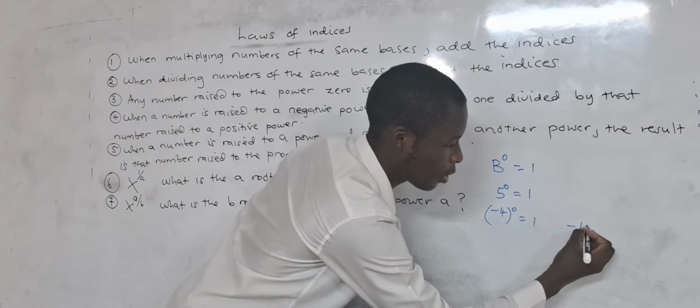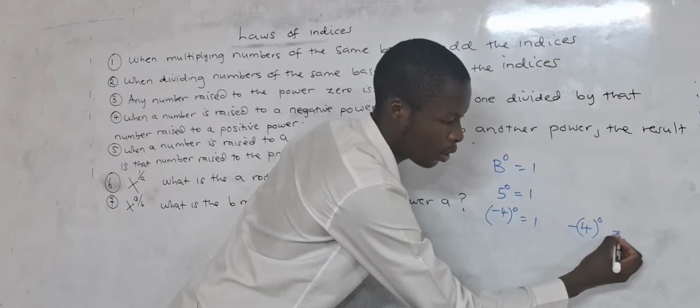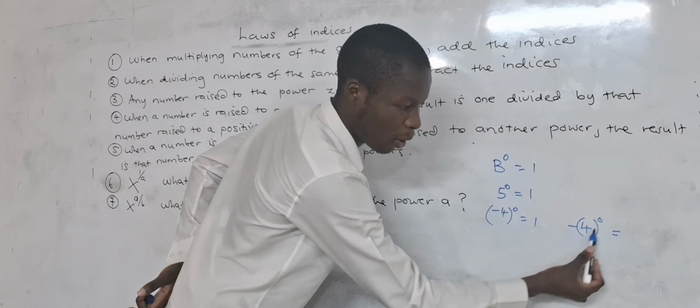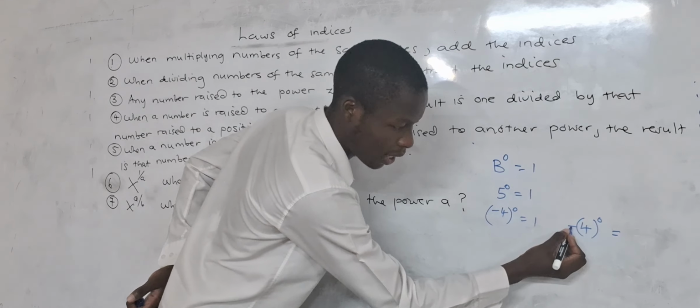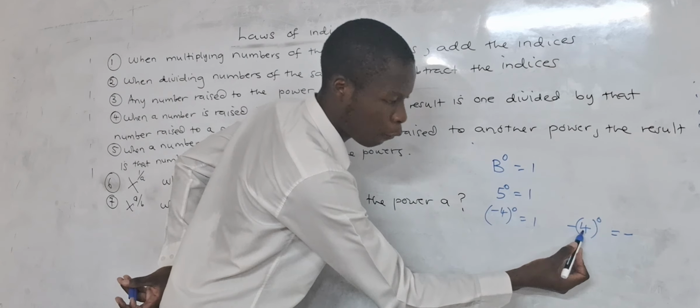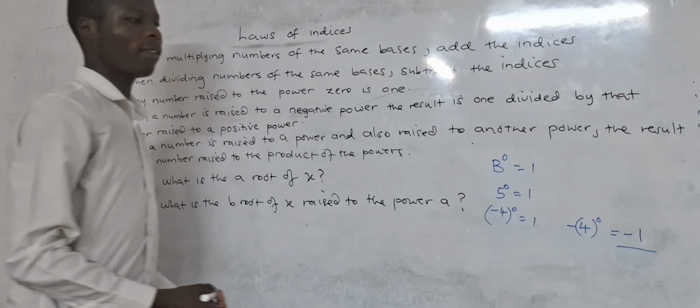What about negative 4 with only the 4 raised to the power 0? I am saying any number raised to the power 0 is 1. So this negative is not being affected. This negative will come as it is. 4 to the power 0, what is the answer? 1. So here the answer is negative 1.